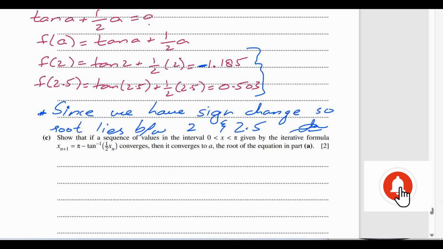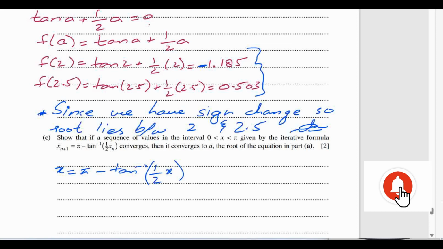Show that if a sequence of values in the interval given by the iterative formula converges, then it converges to a, the root of the equation in part a. In this type of question, what we always do is remove the n+1. So x is equal to pi minus tan inverse of 1 by 2x.